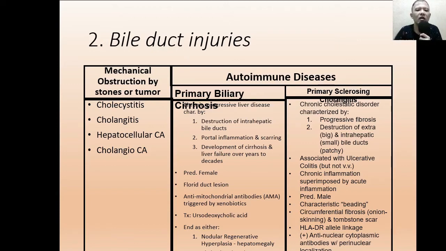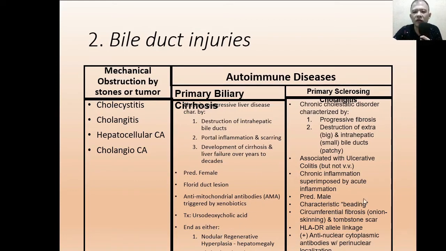These are very much alike. So how do you differentiate? Both are highly associated with other autoimmune diseases. Primary biliary cirrhosis is very common among females.